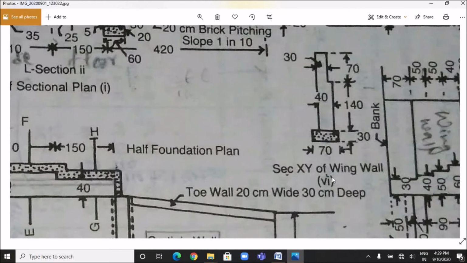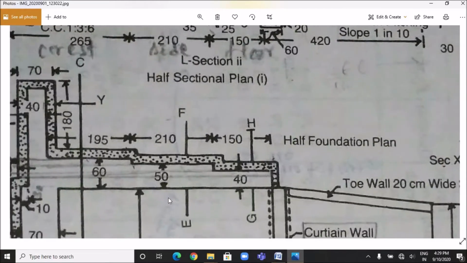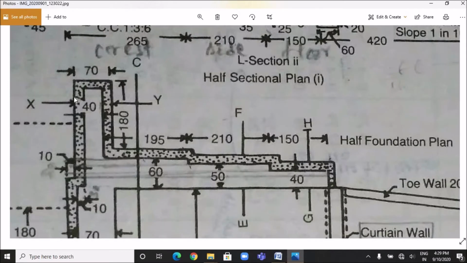If you see the cross section XY, you will see that its breadth is 40 centimeter. And again, the brickwork is done in the wing wall portion, from this portion to this portion. So this length will be 180 plus 10, which is equals to 190 centimeter or 1.9 meter.